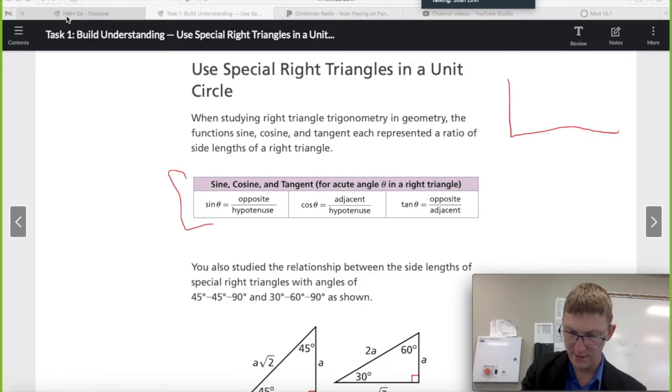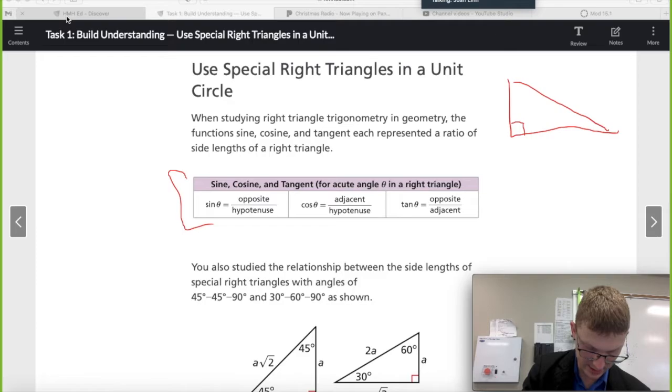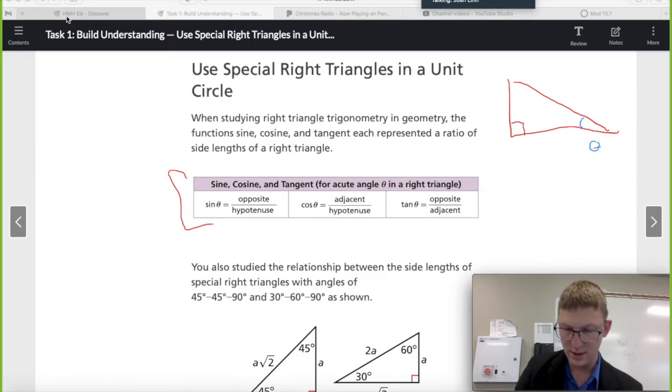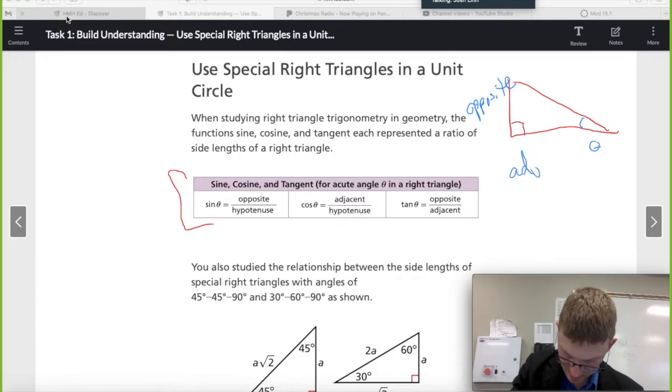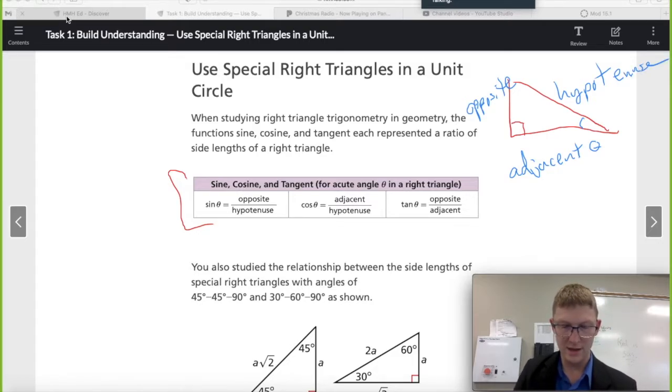So if we have our right triangle here, and let's say we have our angle theta right there, we have our opposite, we have our adjacent side, and we have the hypotenuse. So that's what all these are talking about.